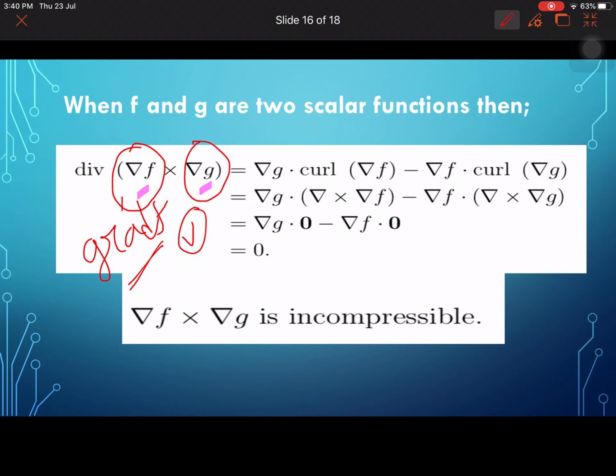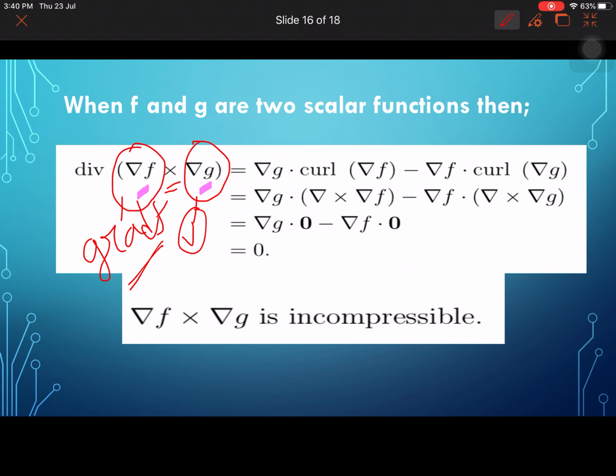So if you take the cross product of this vector and this vector, that means a cross b like that. So del grad g dot curl grad f minus grad f dot curl grad g.